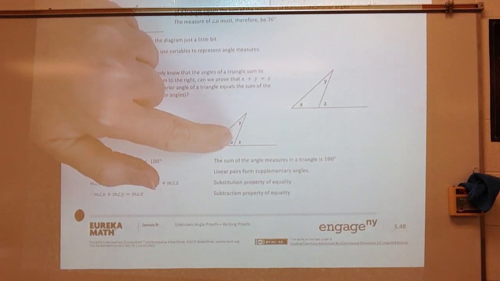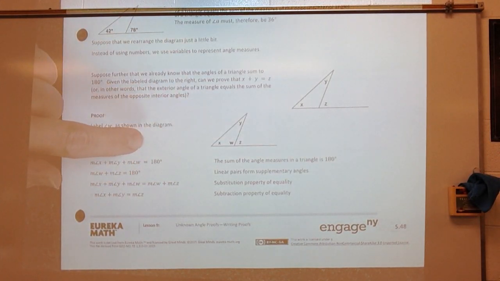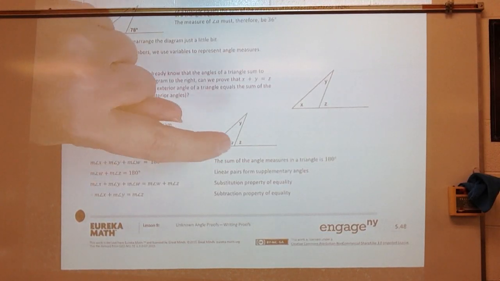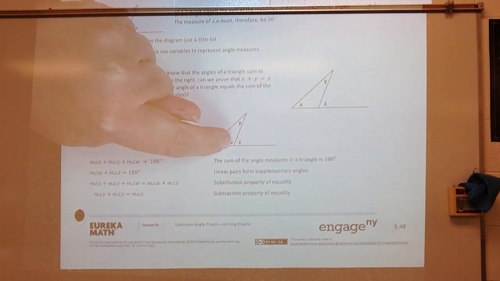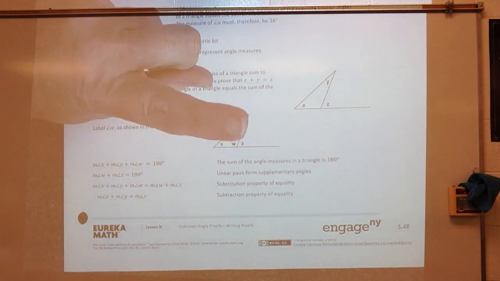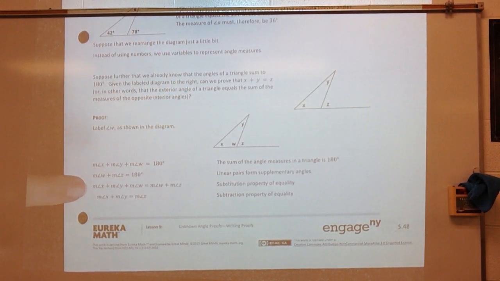The measure of angle W plus the measure of angle Z is equal to 180 degrees because they form a linear pair. A linear pair gives you supplementary measurements. That's 180 degrees. The measure of angle X plus the measure of angle Y plus the measure of angle W is equal to the measure of angle W plus the measure of angle Z. Guys, we use the substitution property for this.